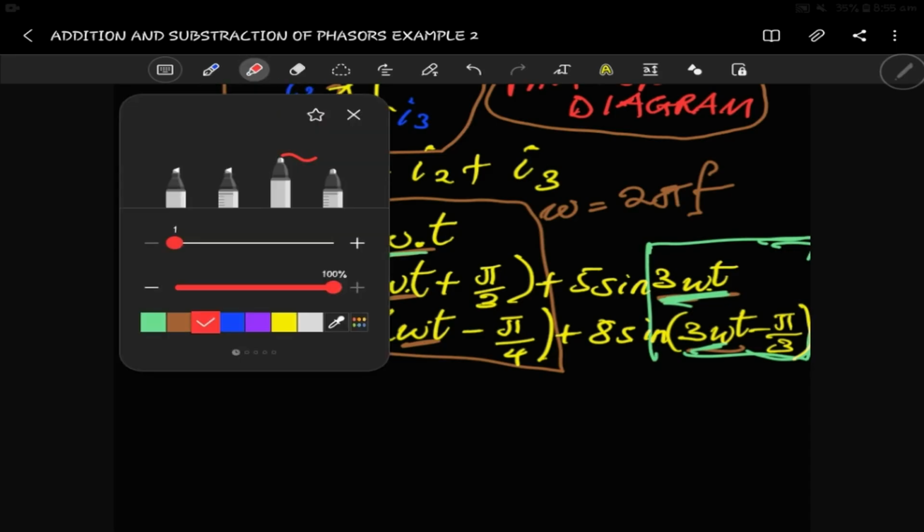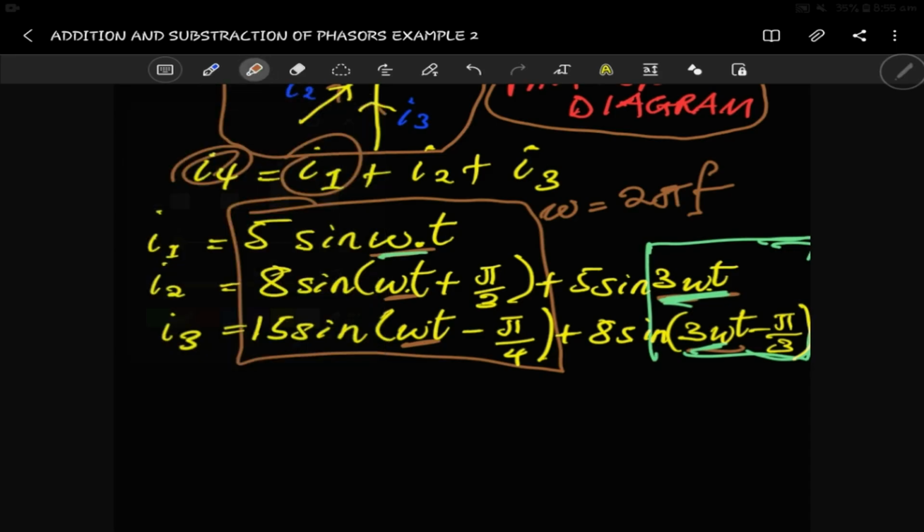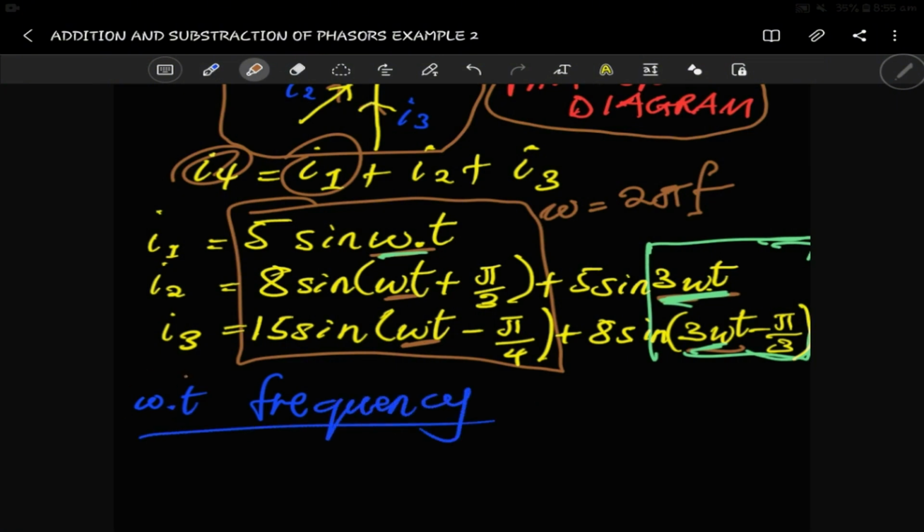Now we are dealing with the one that has the frequency of just WT.